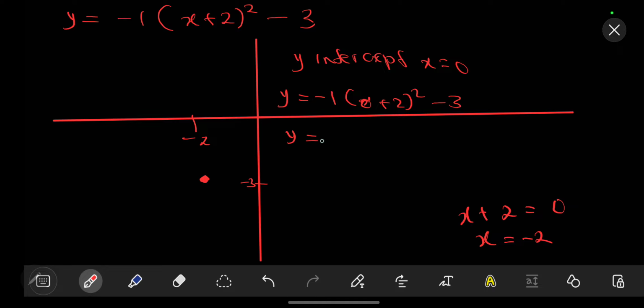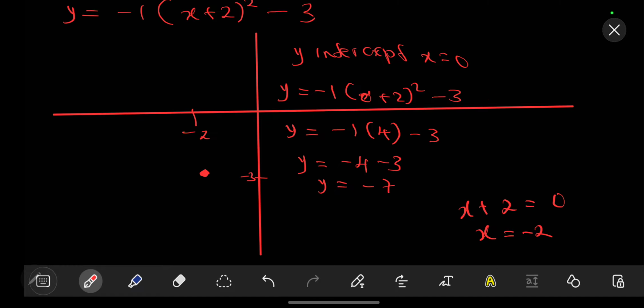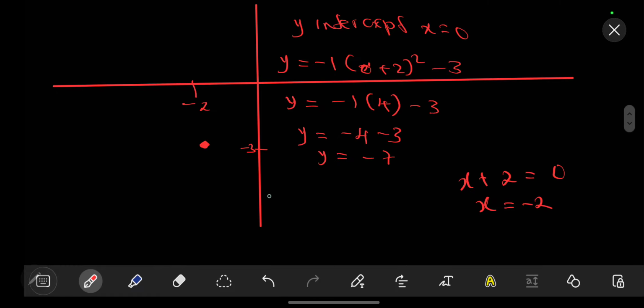So we have y equal to negative 1, 2 squared is 4, then minus 3. Then y is equal to negative 4 minus 3, which will give us y equal to negative 7. So the curve will turn at negative 7.